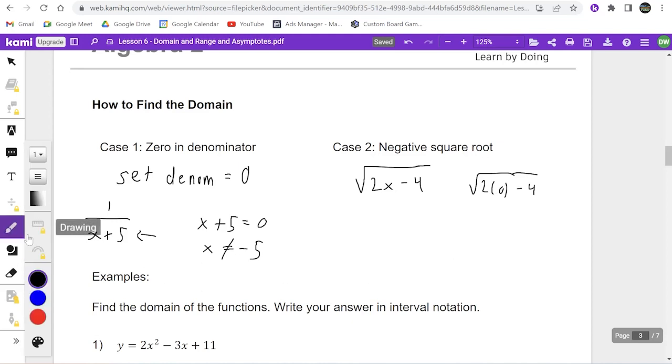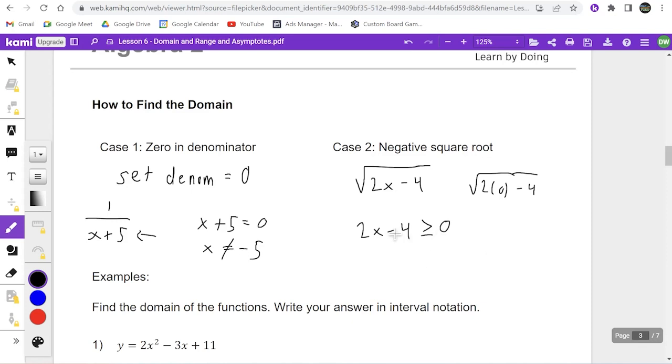But my advice to you would be to do something smarter. The smarter thing to do, instead of just plugging in random points, is to say 2x minus 4, the thing under your square root, must be greater than or equal to 0. There's your strategy. Thing under the square root greater than or equal to 0, and yes, always greater than or equal to. Can't be less than, because that would be not good.